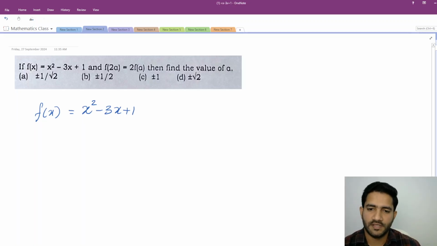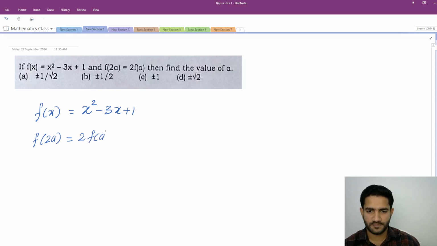It is given that f of 2a equals 2 into f of a. That means we can find the value of f of 2a, or the image of 2a.